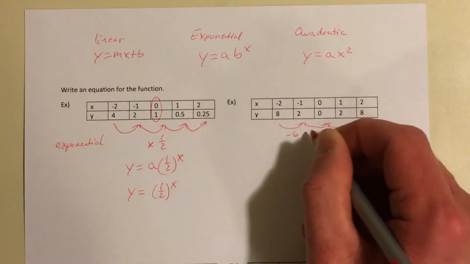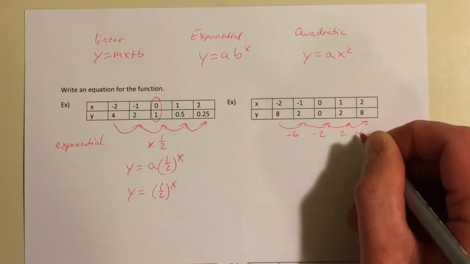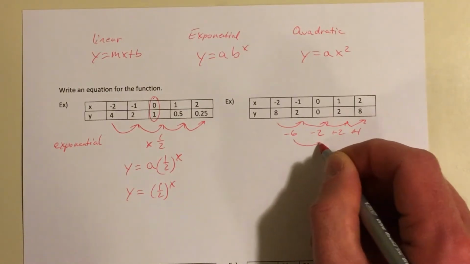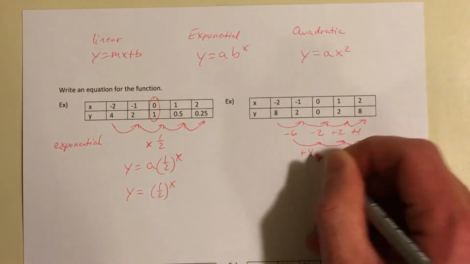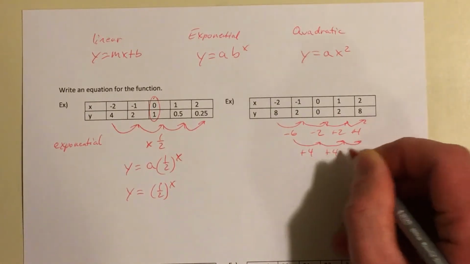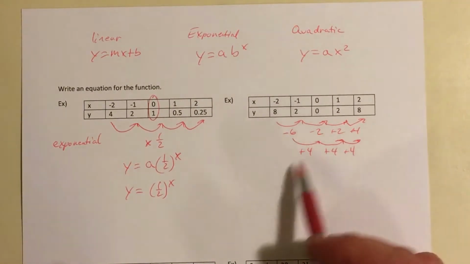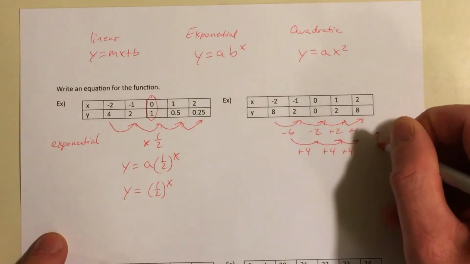So we got -6, -2, 2, 4, and then do it again, and the pattern is adding 4 each time. Now quadratics are kind of odd because you might think that 4 is part of your equation, but that's not the case. We're going to be focusing on the most basic types of quadratics, and here's how you're going to do it. So, let me write that down first.